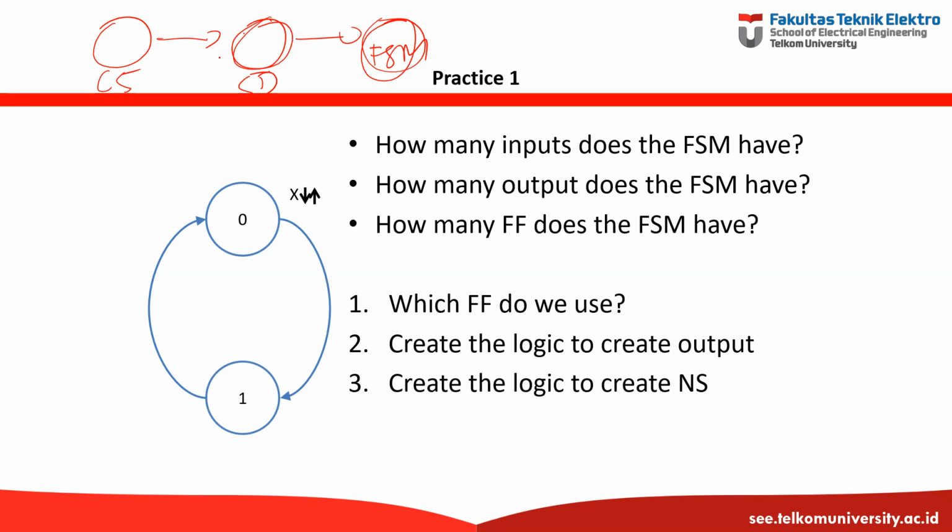Now, we have the state diagram. It's very simple, probably the simplest state diagram. Here, first we need to identify how many inputs. To determine the number of inputs in the FSM, we just need to check whether a state will move to another state depending on a variable.